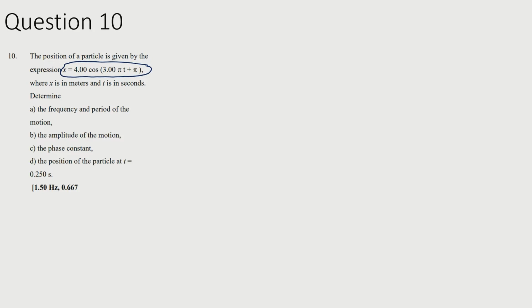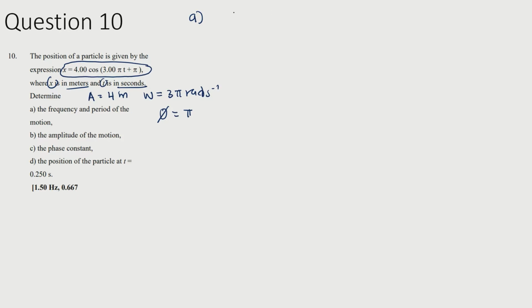So we know our amplitude is 4 meter because x is in meter and time is in second. And our angular frequency is 3π radian per second. And we have our φ, our phase constant, which is π.